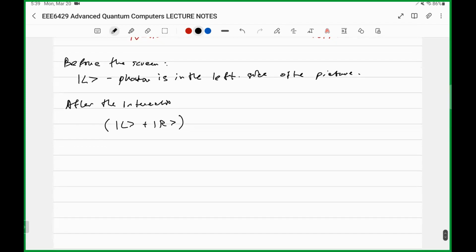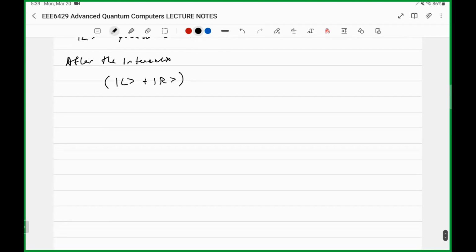So this is the wave function of my photon after the interaction with the screen. So let me rewrite this like this. I had this state before interaction, and then my final state after interaction is this one.